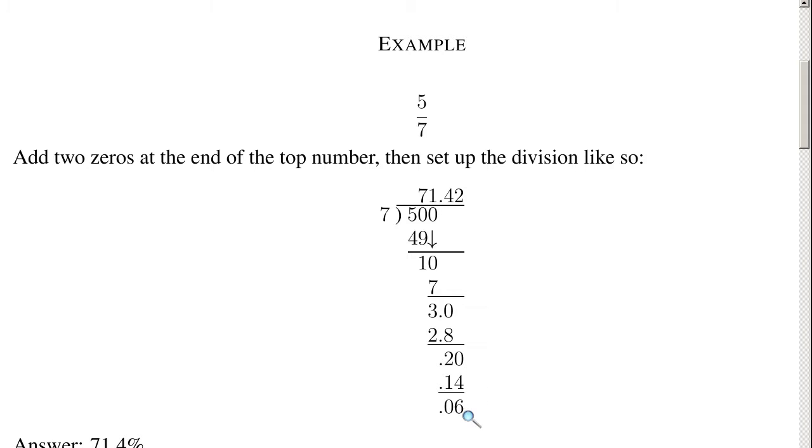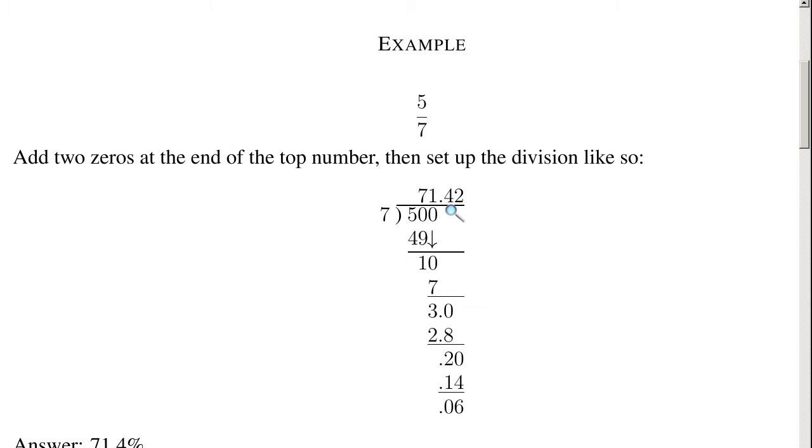And if we wanted to keep getting more decimals, we would keep continuing that same process. But for this exercise, we're only going to have answers to one decimal place. So we need two decimal places here to figure out whether we round up or down.